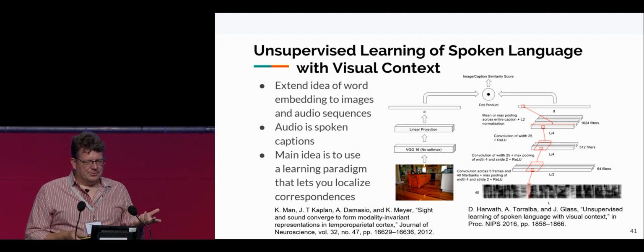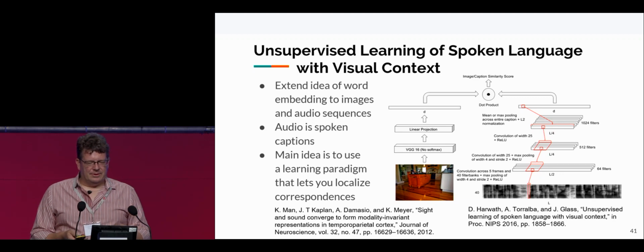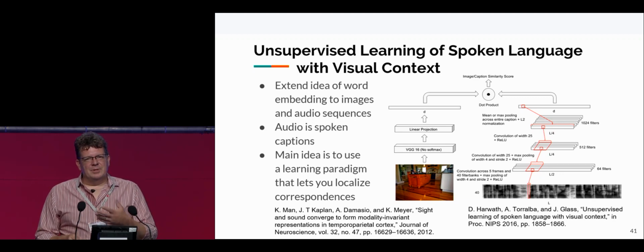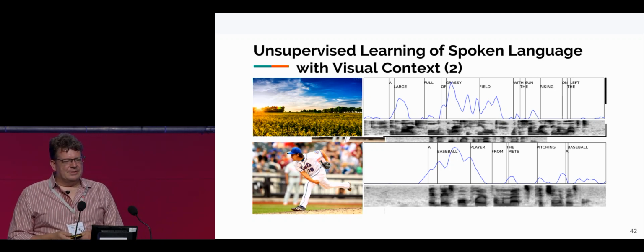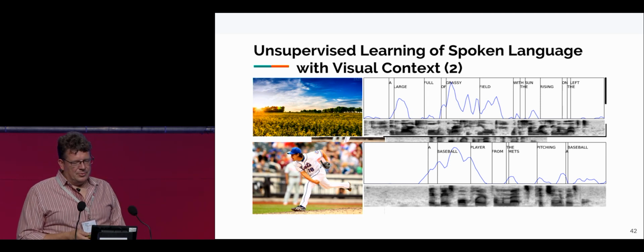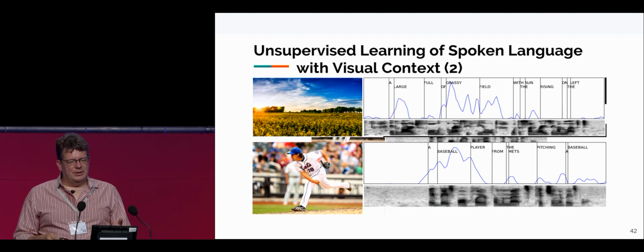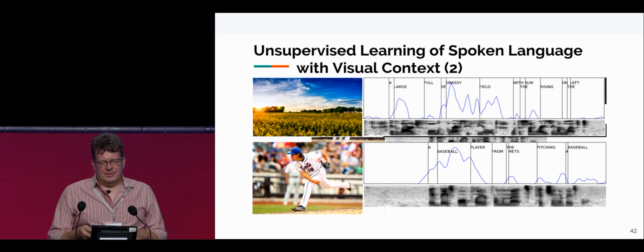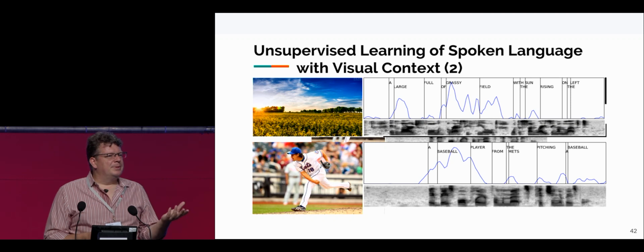And there's also work that shows that sight and sound converge to form modality-invariant representations in the brain. So this is a similar process happening in the brain. The interesting thing in these experiments is that if we analyze the system a little bit more, we see that the audio system learns to pay attention, looking at the activations here, at the parts where in the upper image we talk about grassy and field or large, and those are properties of the image.